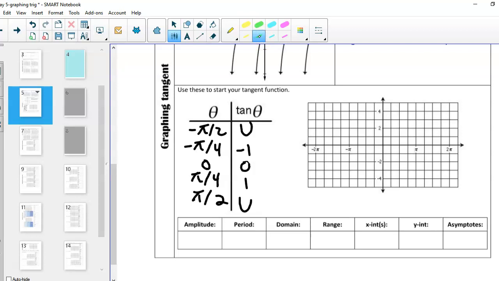Okay, so every pi over 2, you're going to have an asymptote. And then we're going to graph these 3 points.